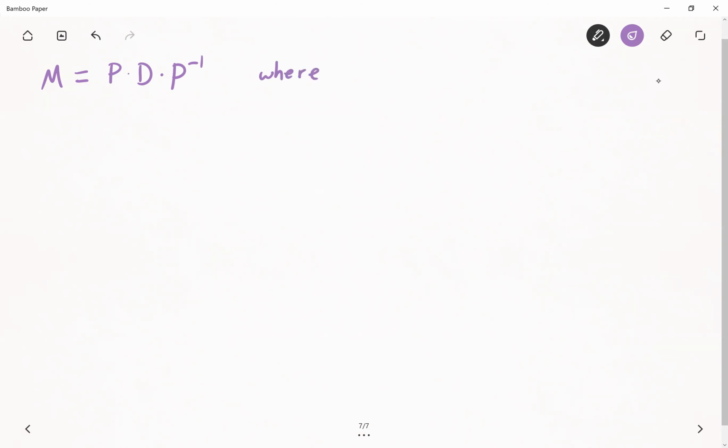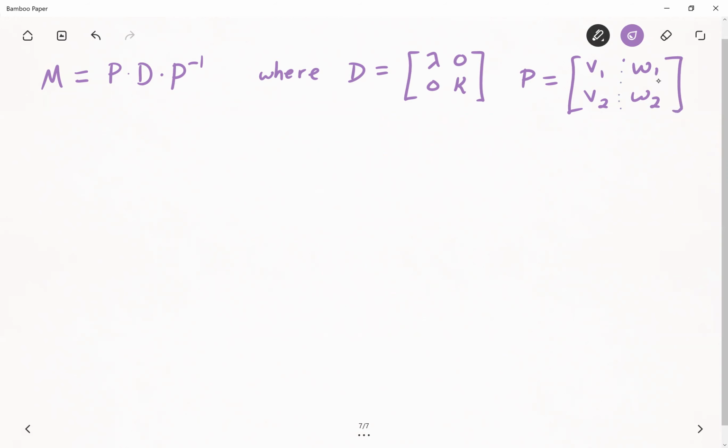So D is our eigenvalue matrix, and P is our eigenvector matrix, where the eigenvectors form the columns. Here lambda and kappa are eigenvalues, and V and W are the corresponding eigenvectors.